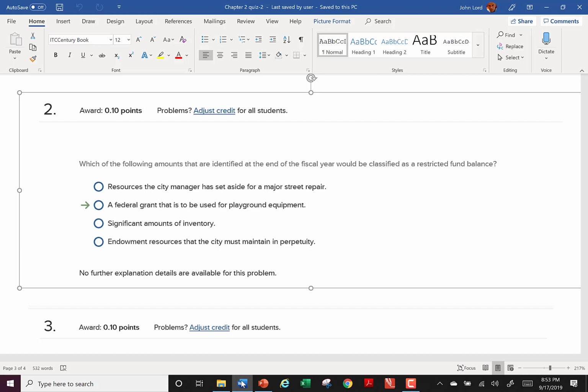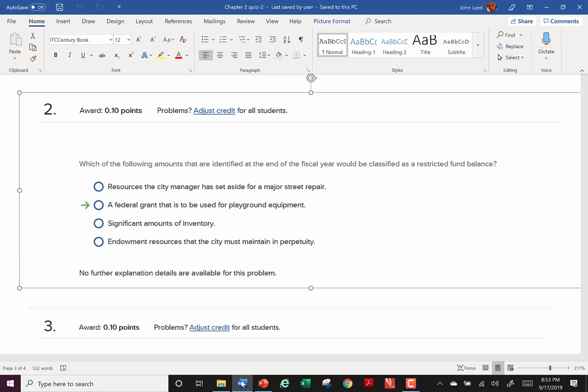Endowment resources that have to be maintained in perpetuity says that I have to maintain the principal forever, don't I? Yeah. And they haven't indicated to me on this question where the money came from. It's sounding to me kind of restricted though.